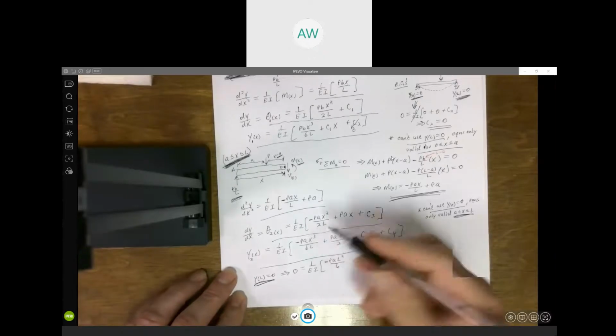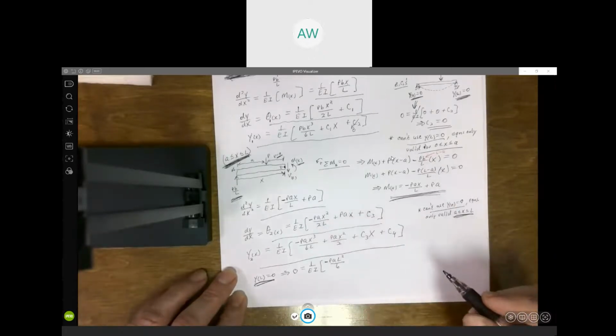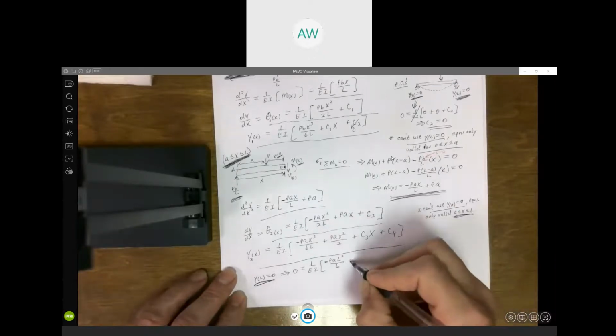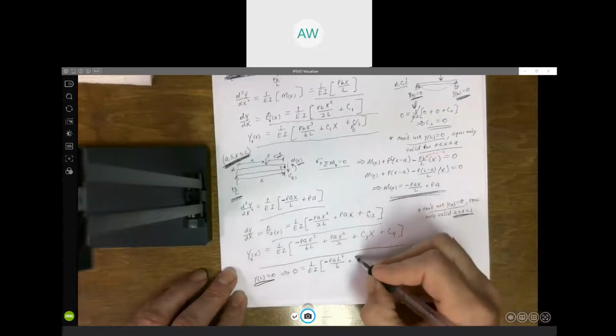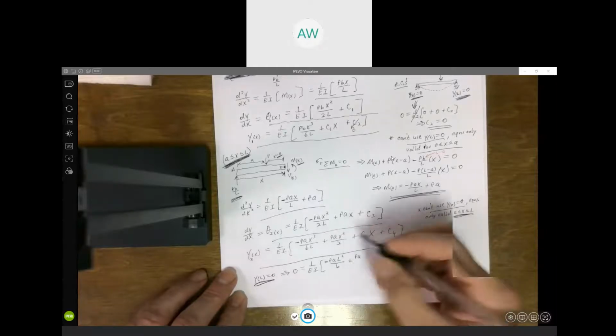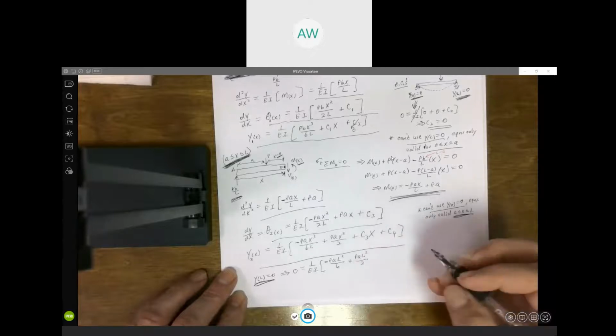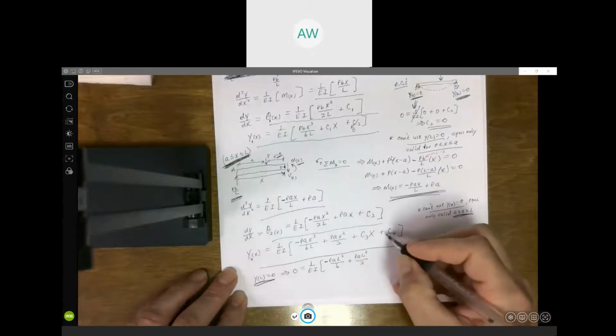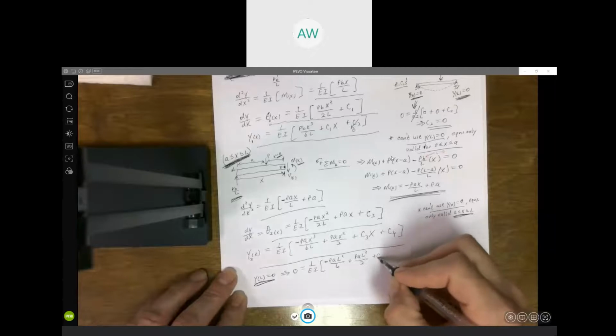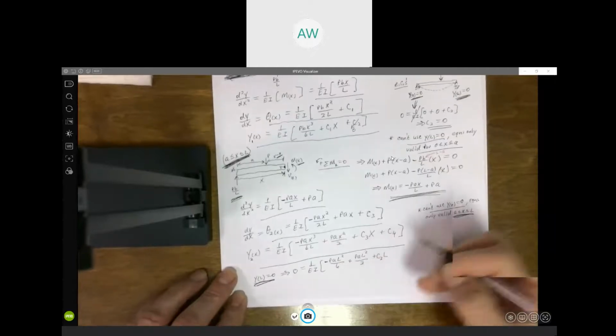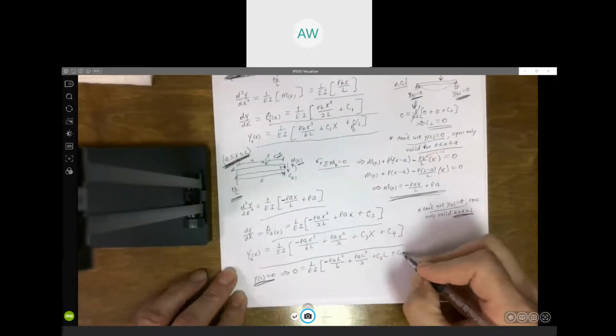Right? And that L is going to cancel. We'll just have 6 in the denominator. Here I got PA. Plugging L in here for x, I get L squared over 2. And then plus C3 times L plus C4.